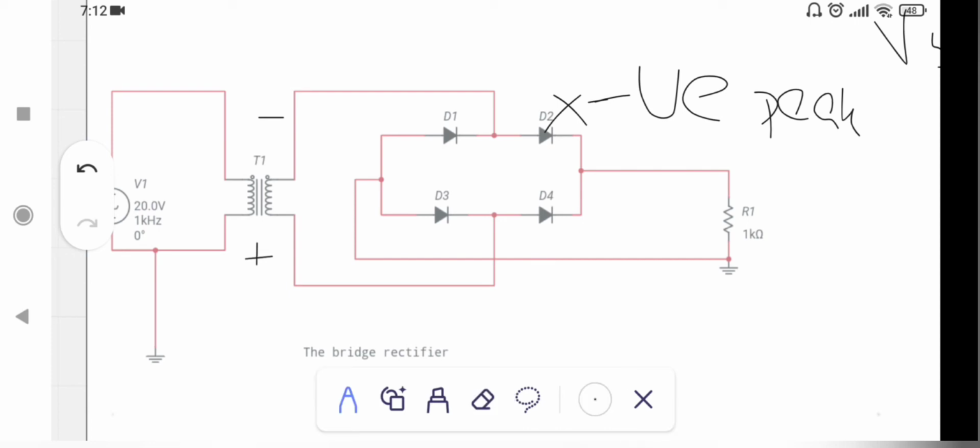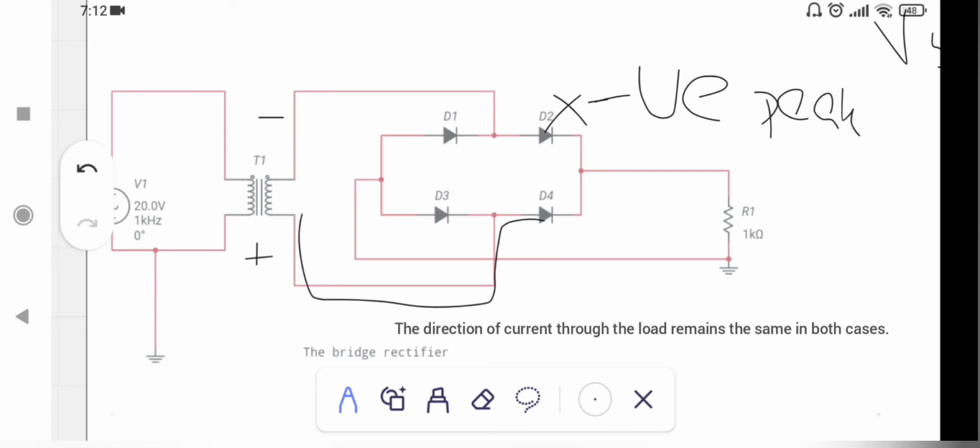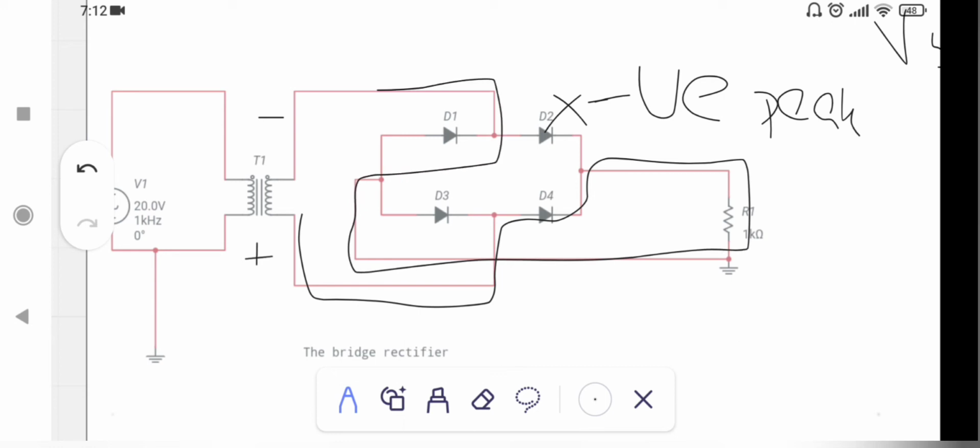So in this case, the current will flow from the positive terminal to the negative terminal. The current will flow like this and end up here. I hope you understand the direction of currents in each half cycle.